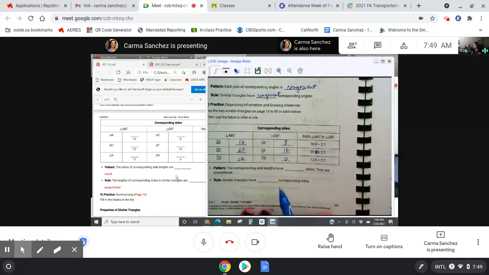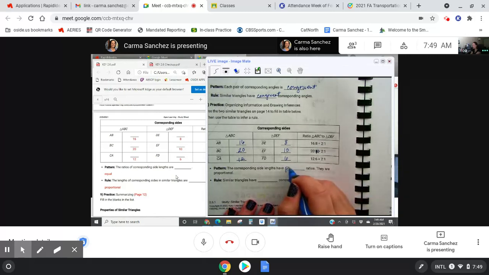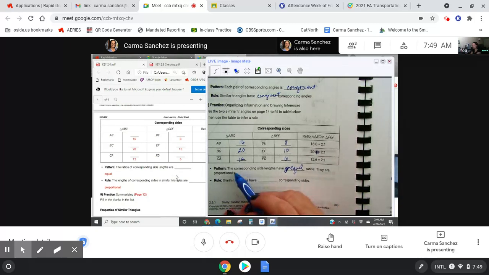So the lengths of corresponding sides in similar triangles have, oh, sorry, I was writing the wrong word, equal ratios. They are proportional.